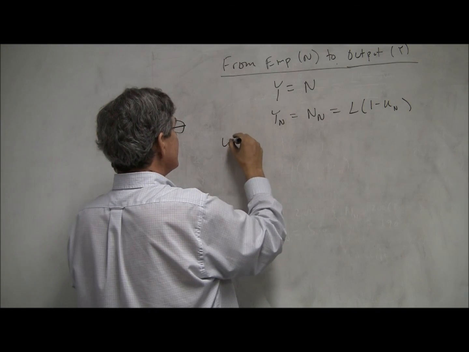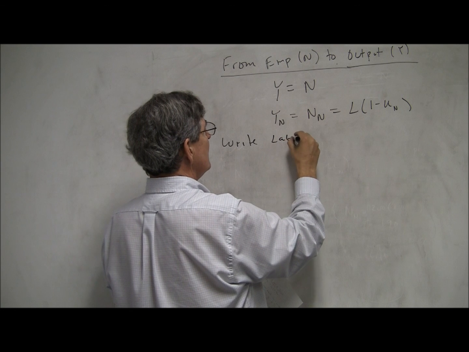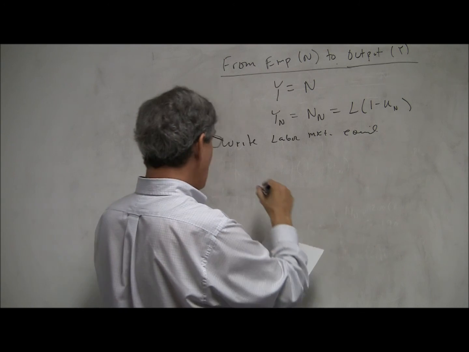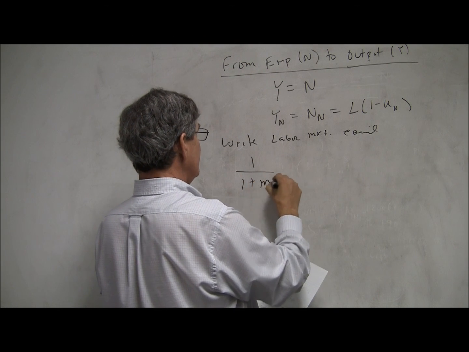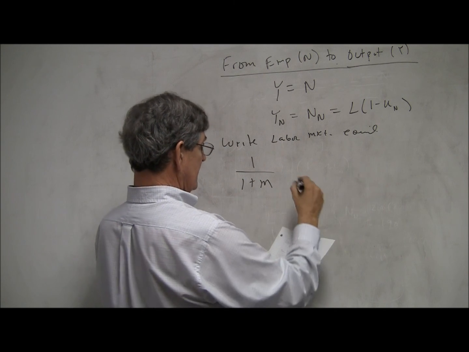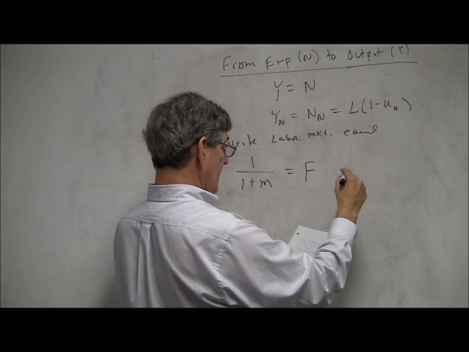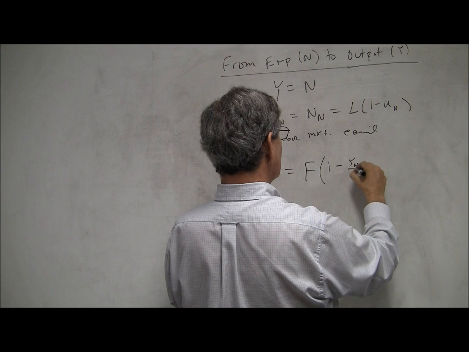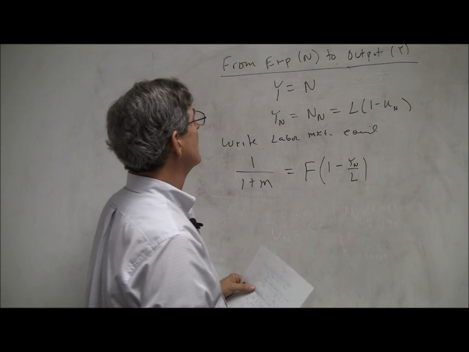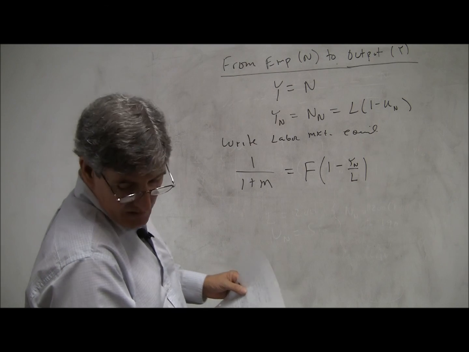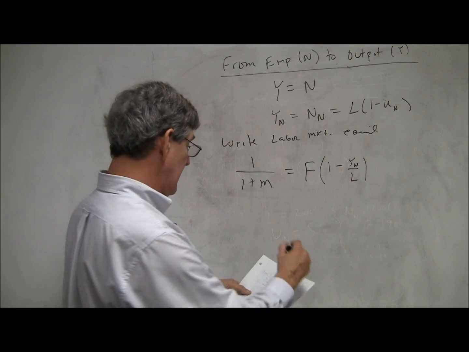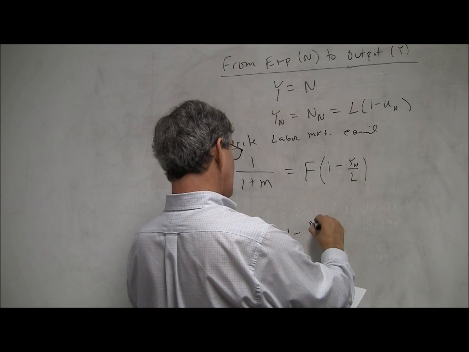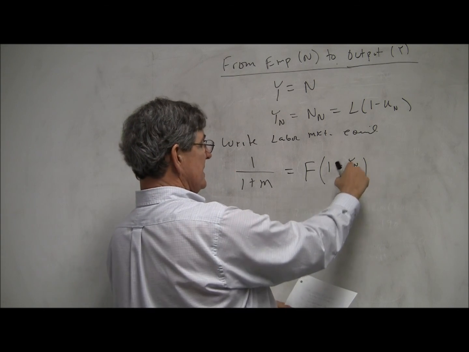So now we can write the labor market equilibrium as 1 over 1 plus M, the price setting, equals F of U, but U is 1 minus Yn over L. If you remember from the equation we just did, we just showed that Un is equal to 1 minus N over L, and Nn is equal to Yn.